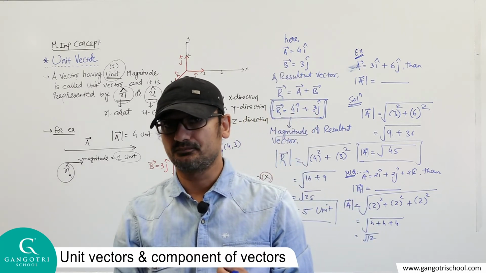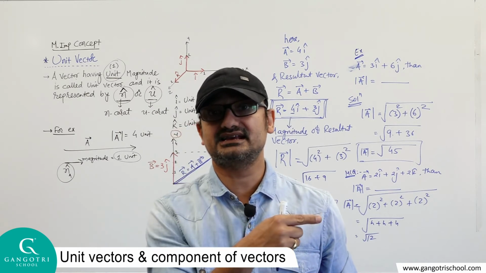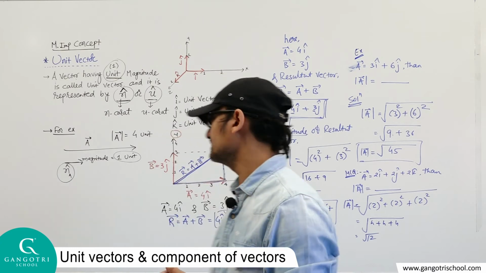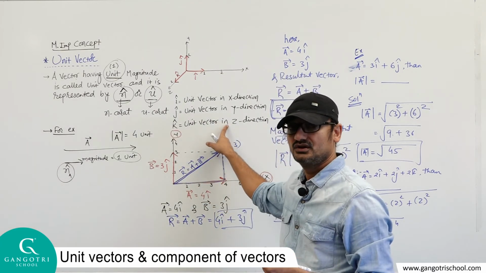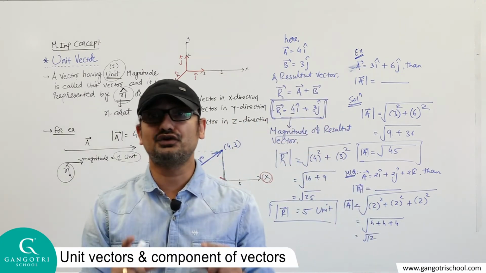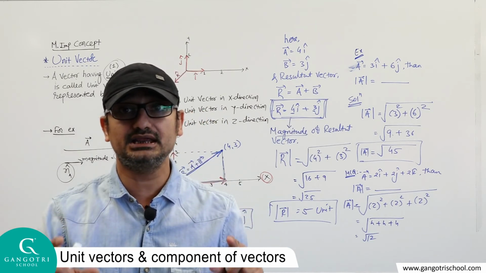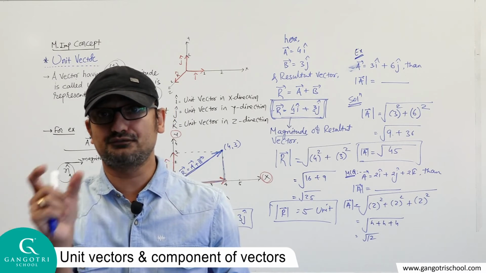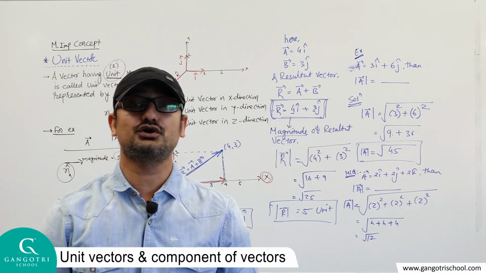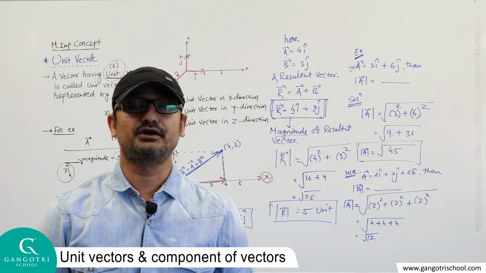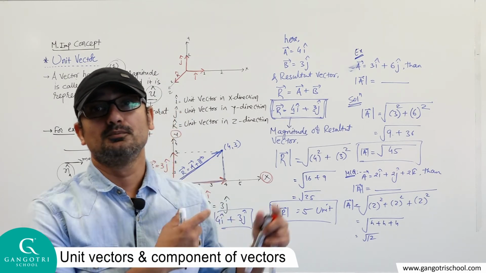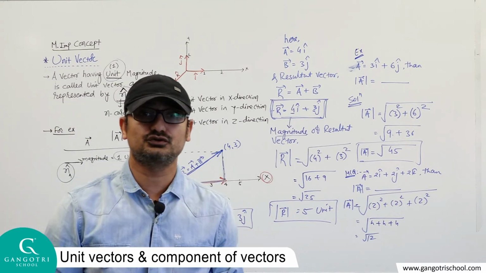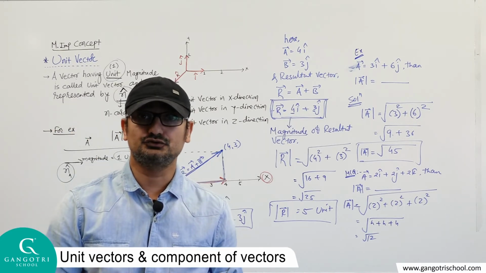Second, i caret is the unit vector in the x direction, j caret is the unit vector in the y direction, and k caret is the unit vector in the z direction. Point number 3, how to find the magnitude of any vector: the square root of the sum of the squares of the components. Keep these 3 points in mind throughout the 2 years. More will be clear once we start the sums related to this topic. So let's move forward to another topic.